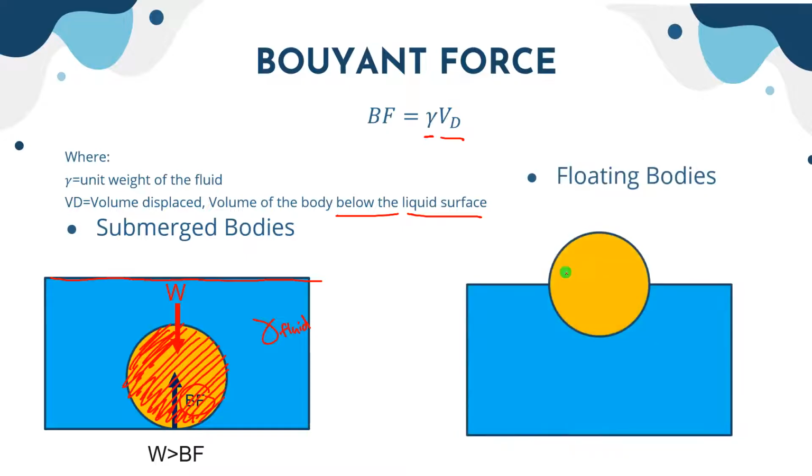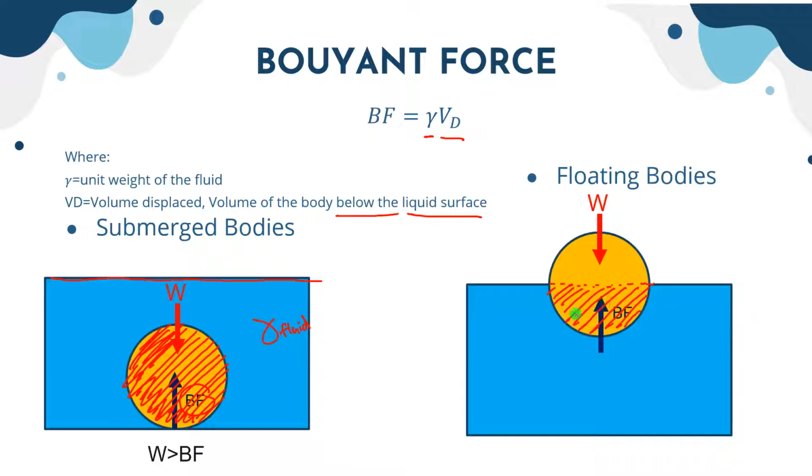For floating bodies, if we have again the weight of the object and there is an equivalent upward buoyant force, the volume required here, or the volume displaced for the buoyant force, is just, if we extend a line from this liquid surface, the volume displaced is just this volume right here that is displaced by the object, or the volume that is supposed to be occupied by the liquid, but now it is occupied by this object.